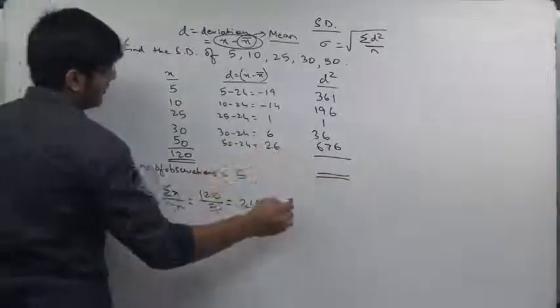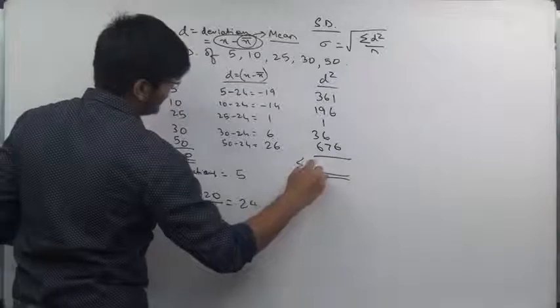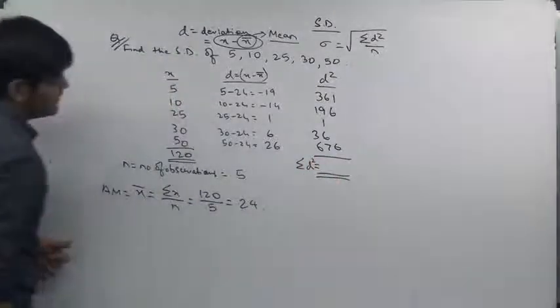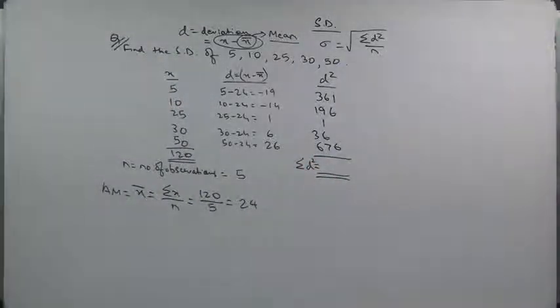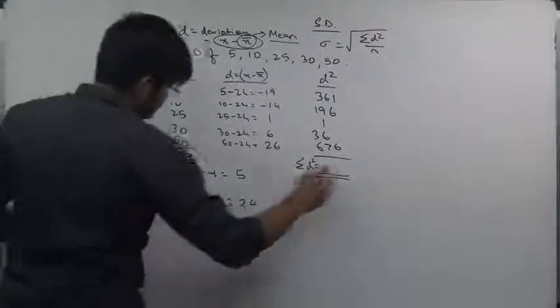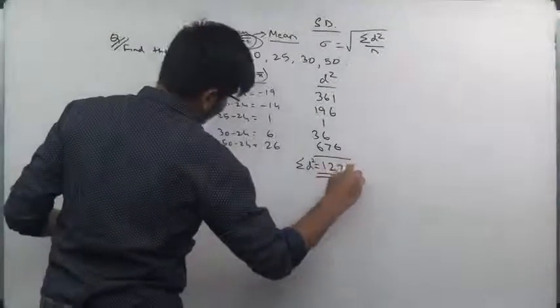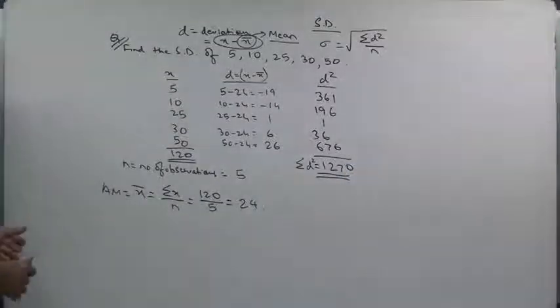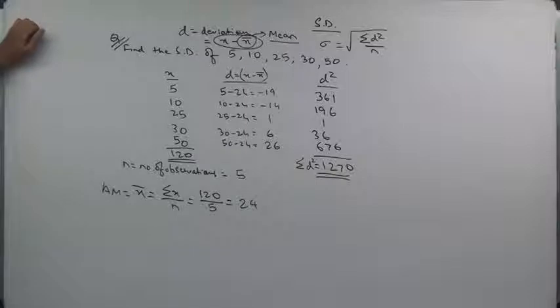The total of all these numbers will give us summation d square. Calculate the total. One two seven zero. Check if it is right or wrong. It's coming down to 1270.